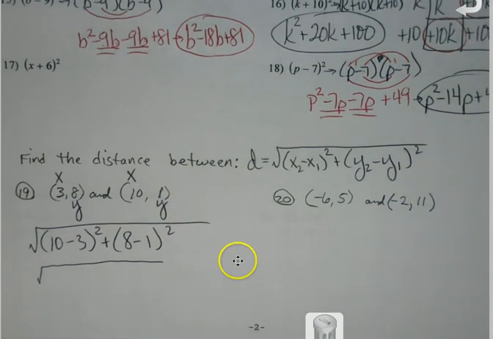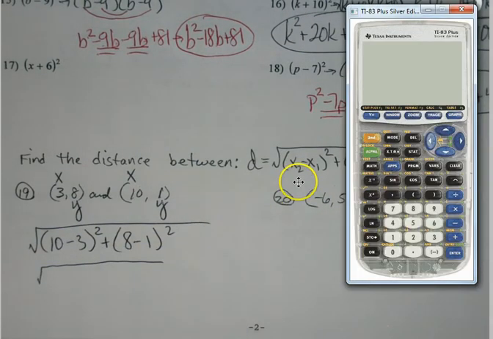Now, we did talk about this before, though. When I'm doing these, I don't want to try to put it in the square root right away. It's going to get me in trouble more often than not. So I'm going to go ahead and do all the stuff that's underneath, but I'm not doing the square root quite yet. I'm just going to do this part. I'm going to get my answer.